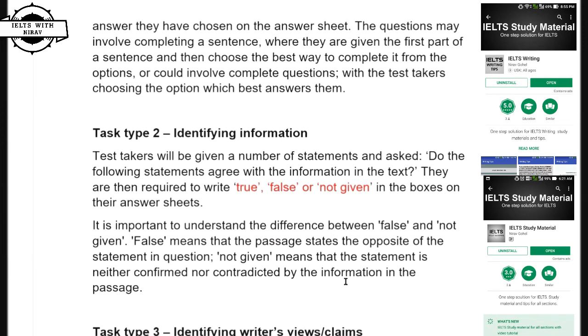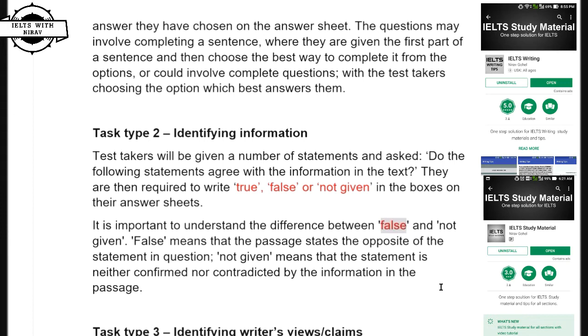Let me tell you the difference between false and not given. Read your question. If there is similar information in the paragraph but with a different, conflicting or contrasting meaning, then the information is there but not in exact form. In that case, your answer will be false.